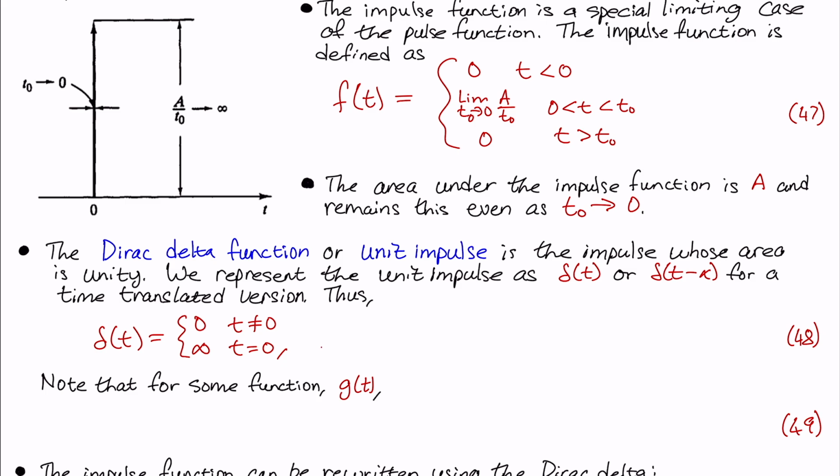But really, the Dirac delta is actually defined based on its integral. If we take the integral from minus infinity to infinity of delta t dt, this is equal to 1. That is our definition of the Dirac delta.